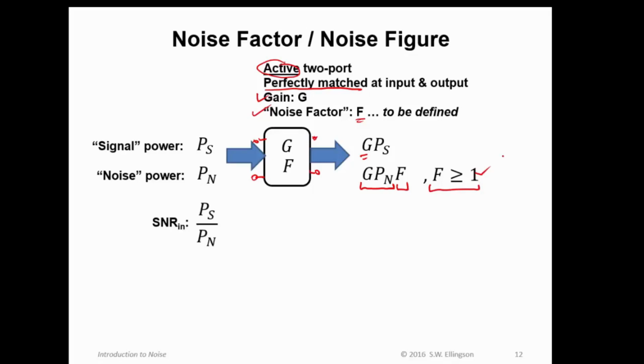So on the left here, I can say what the signal noise ratio is. It's the signal power divided by the noise power, or just simply P sub S divided by P sub N. That's the input signal to noise ratio.